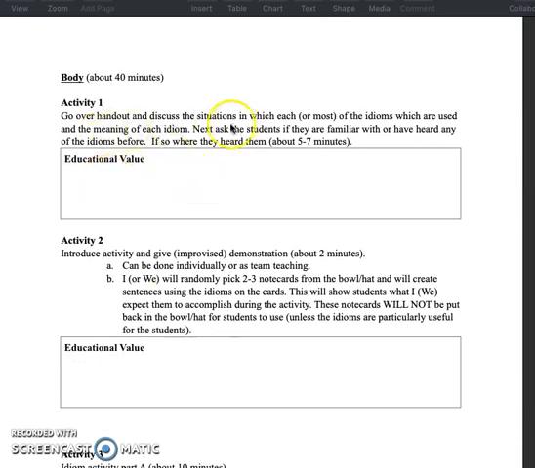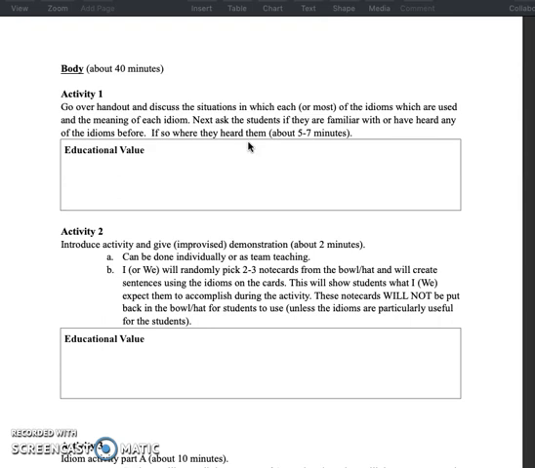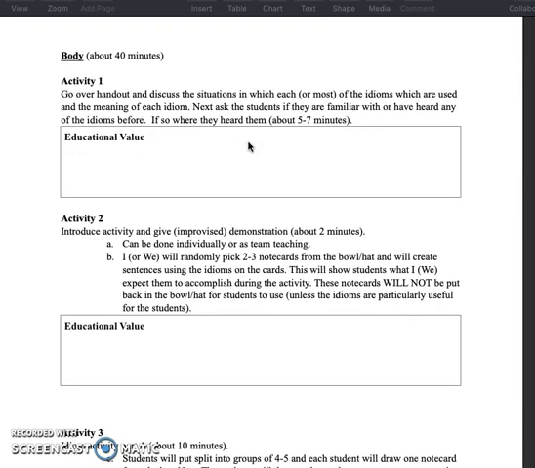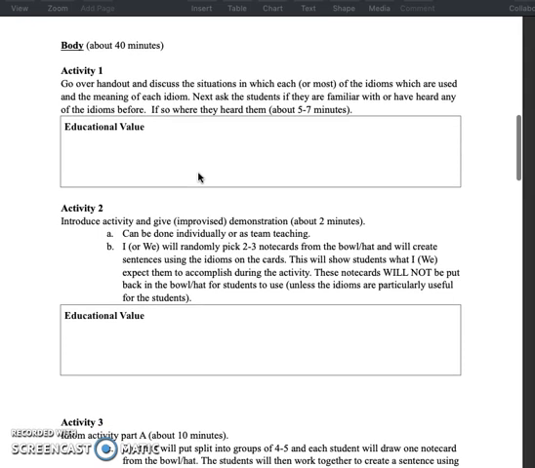I like that in the first activity, they're getting the handout, they're getting the introduction of what idioms are, and it kind of gets their brain working, which I like, and they're getting in the mindset of thinking about idioms. And sometimes students have heard them, so I like that. If so, where have they heard them? I like that part of it.